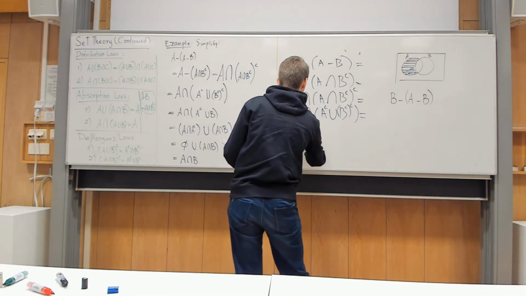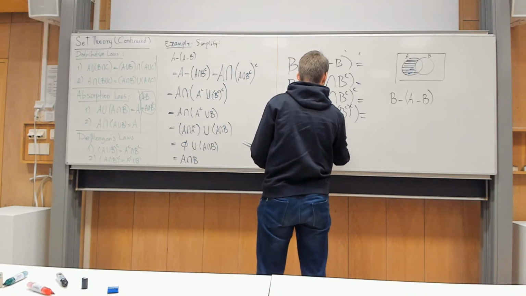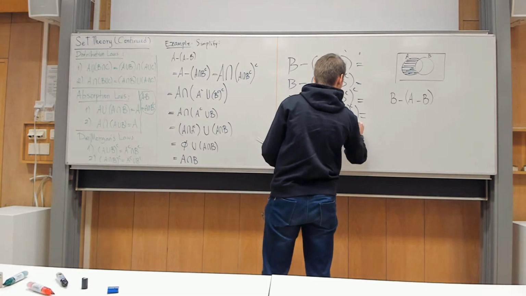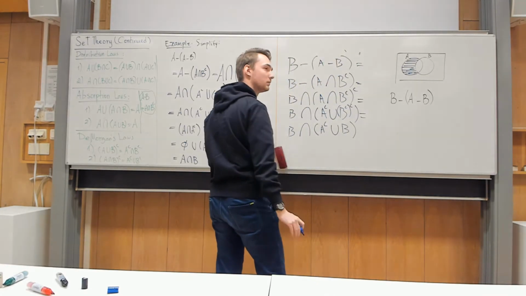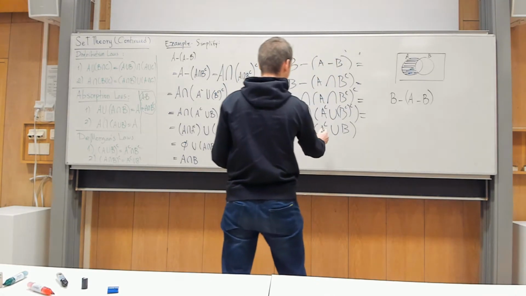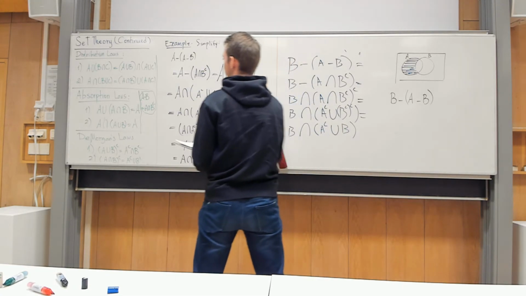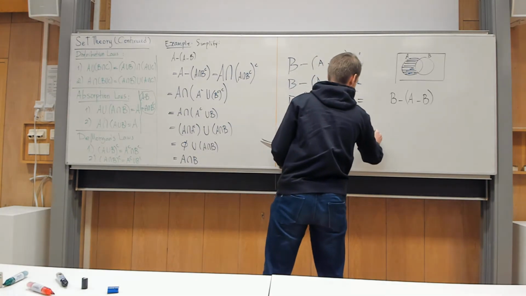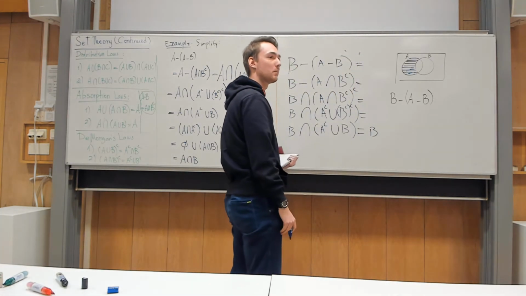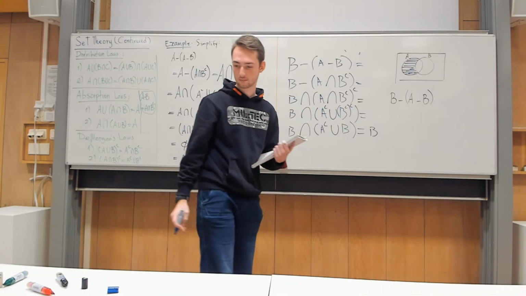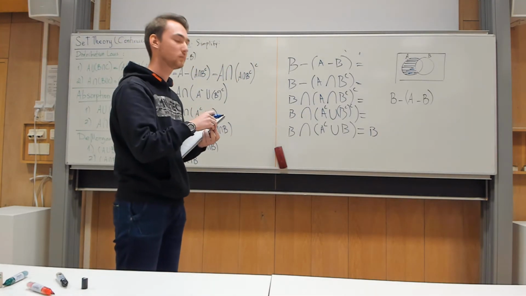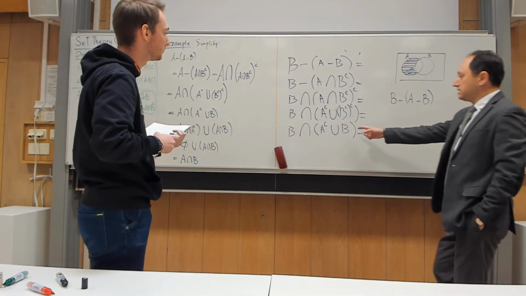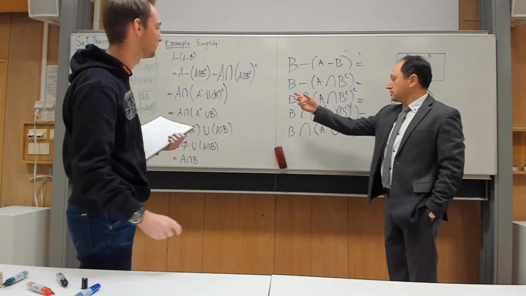Yeah, please, if you want to solve these questions in the exam, respect all the details, okay? And now, because we have B and B, it's the absorption law, so that should equal B. So, everyone understands the last part, even though it looks like a distributive law, because we have three sets involved, one intersection, one union.